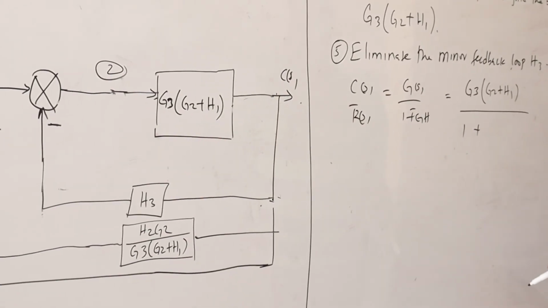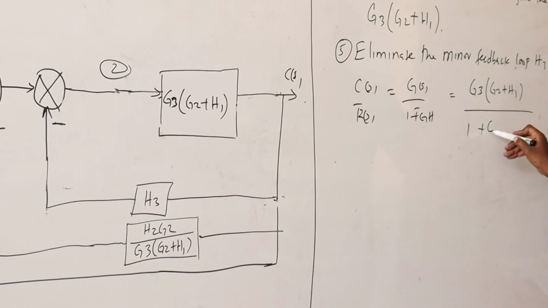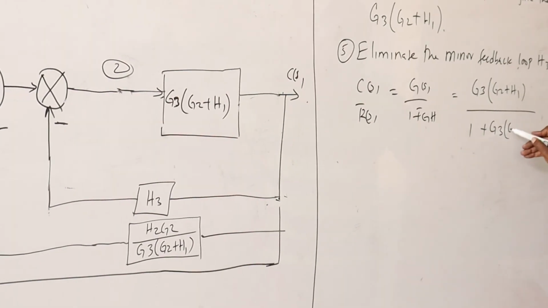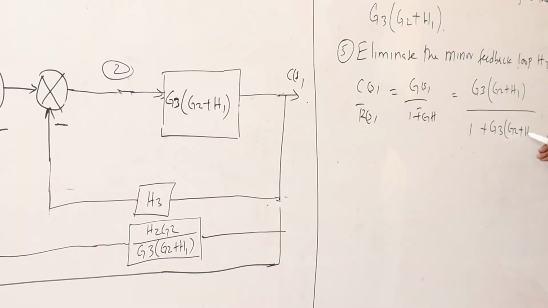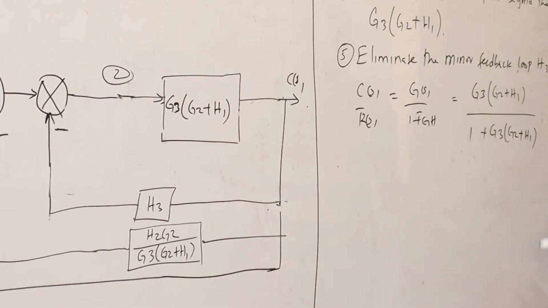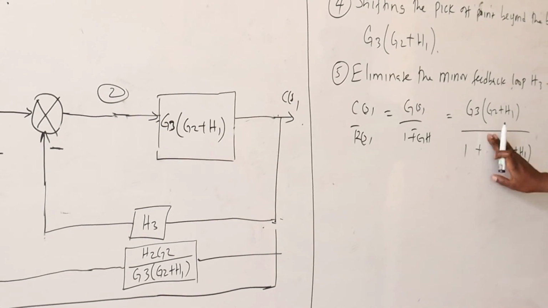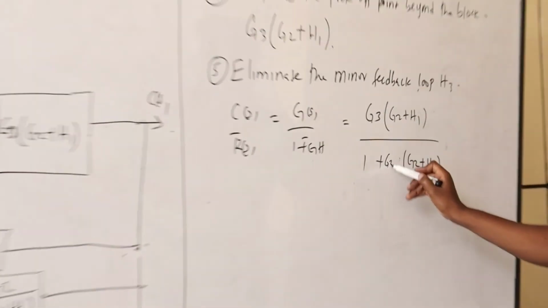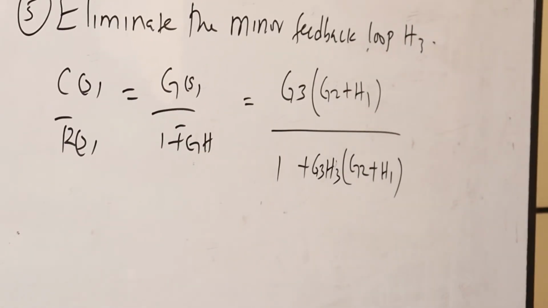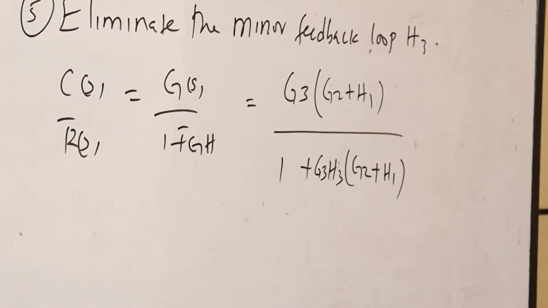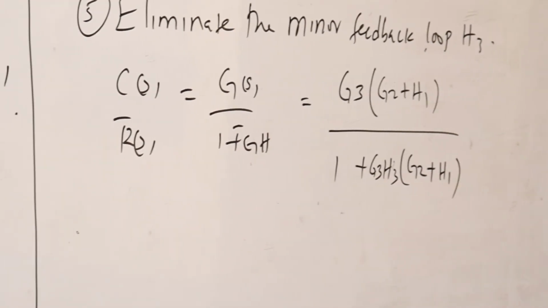So it's going to be plus G, our G is again G3 into G2 plus H1. So that is our G times H, and what is our H? Times H3. So we can simply say that this is G3 H3. With that, we have eliminated that.